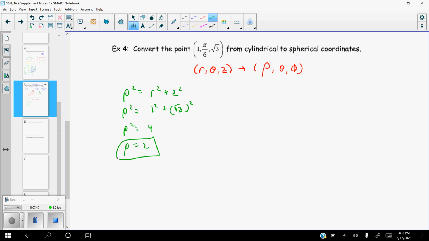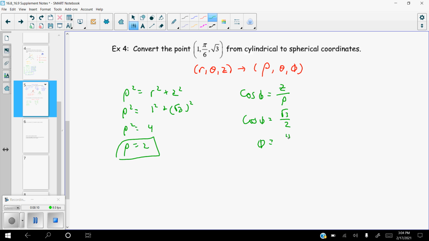And then once again, we have plenty of formulas that we could use to find phi. I'm just going to go back to the cosine one. For whatever reason, it's just the one that I remember easiest, and that's z over rho. So cosine of phi is z, which is root 3, over rho, which is 2. And we just kind of did this one in the previous problem.